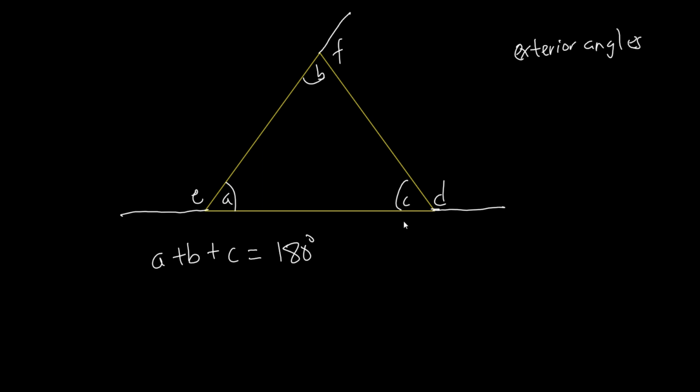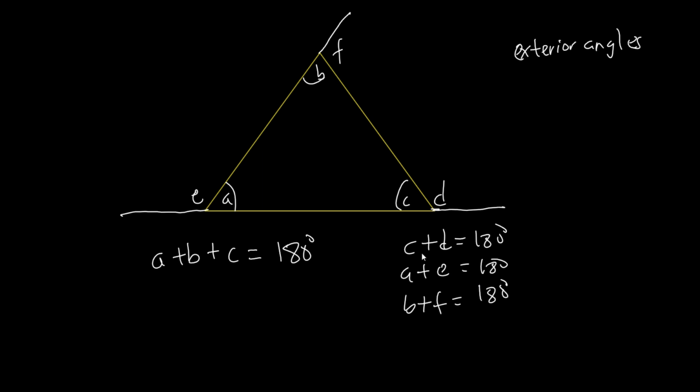Now, as you can see over here, C and D are on a straight line. So C plus D will be equal to 180 degrees. And also A plus E will be equal to 180 degrees. Why? Because they are angles on a straight line.